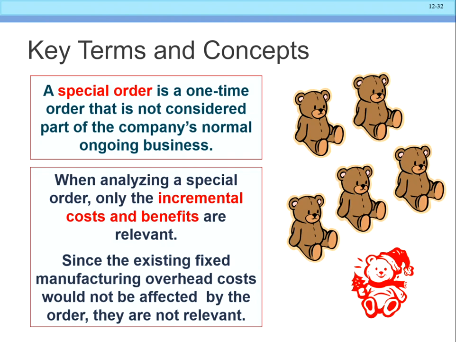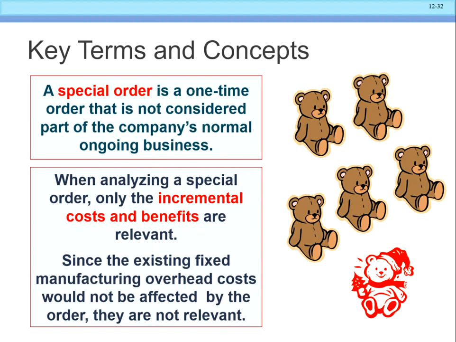So here we want to use an incremental approach. By how much will our revenue increase? By how much will our costs increase? Then we look at the increase in revenue versus the increase in costs and see whether we are going to be better off or worse off.